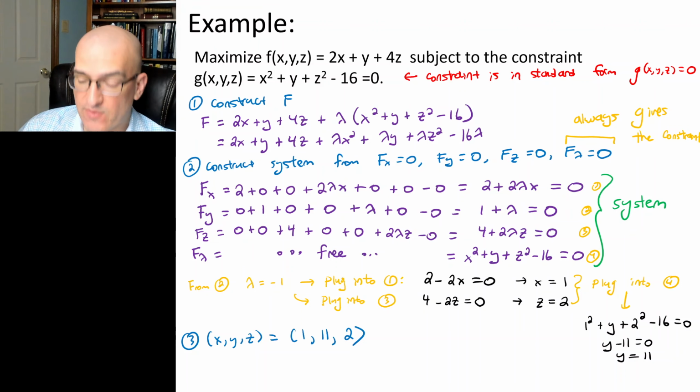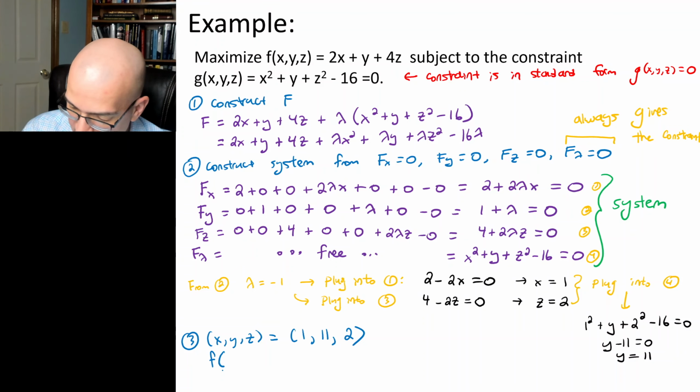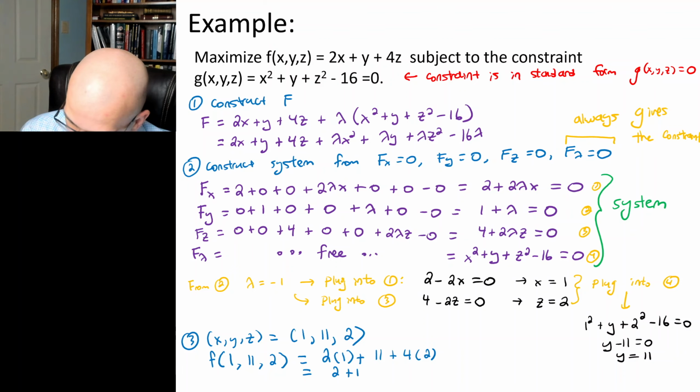Now we can evaluate our objective function. F evaluated at that point, 1, 11, 2, is equal to 2 times 1 plus 11 plus 4 times 2, so 2 plus 11 plus 8, we get 21.